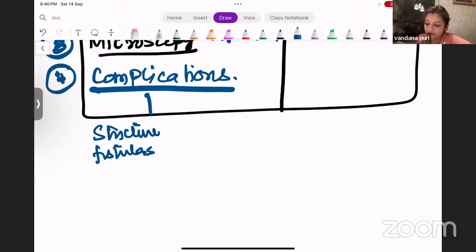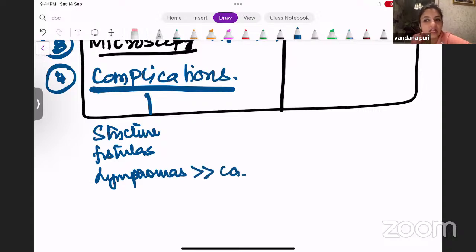Remember the CSF. And the most important, there are chances of lymphomas, okay, because there is a lot of inflammation. So lymphomas and cancer chances are there. Lymphomas are more in cases of Crohn's disease versus carcinoma.